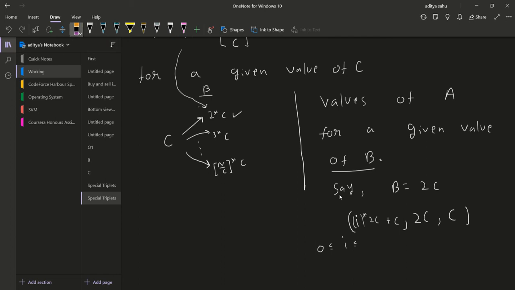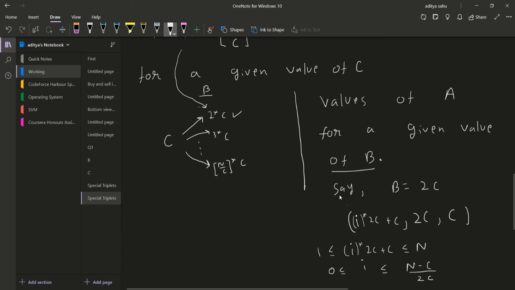Okay, so let's just find the upper value of a. So what I want to say is this, that this I times 2c plus c has to be less than or equal to n, and greater than or equal to 1. So if I do minus c, this will be negative. So I can just put it on lower bound, says it should be greater than 0, and I should be lesser than or equal to n minus c by 2c.